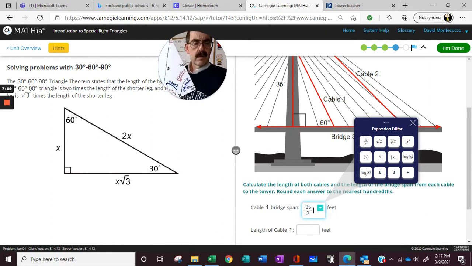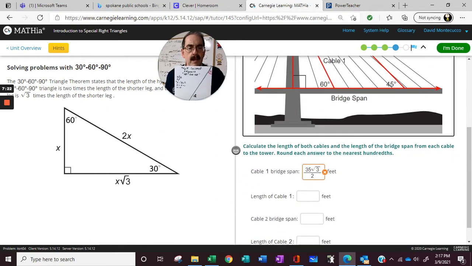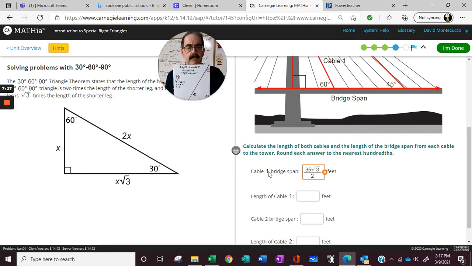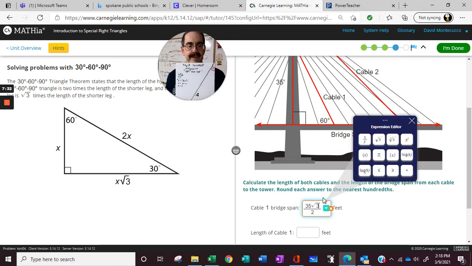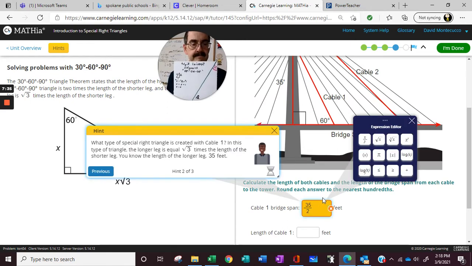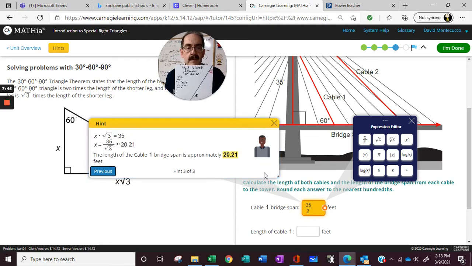Okay, I wonder. Cable 1 span. Calculate the length of the span. Cable 1 bridge span. Oh, the short leg. I was overthinking it. In this triangle, you know the length of the leg is 35.